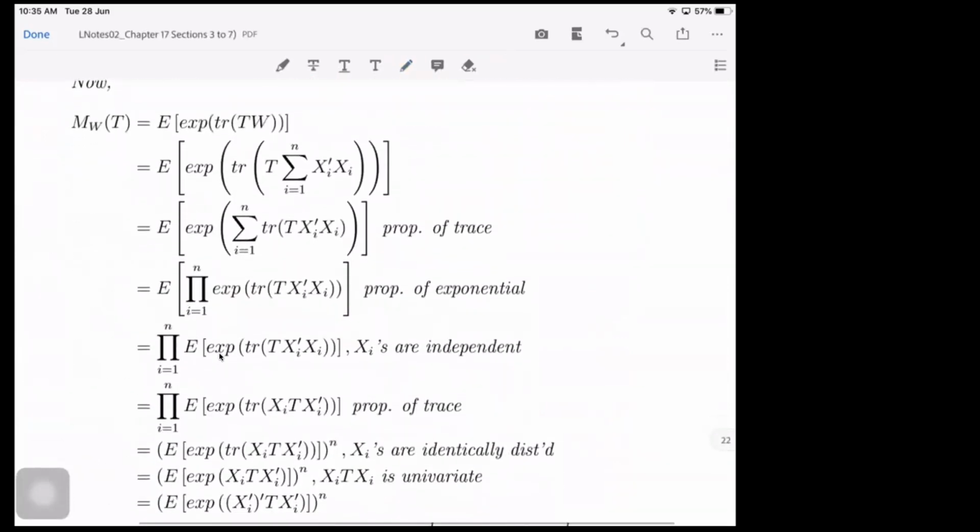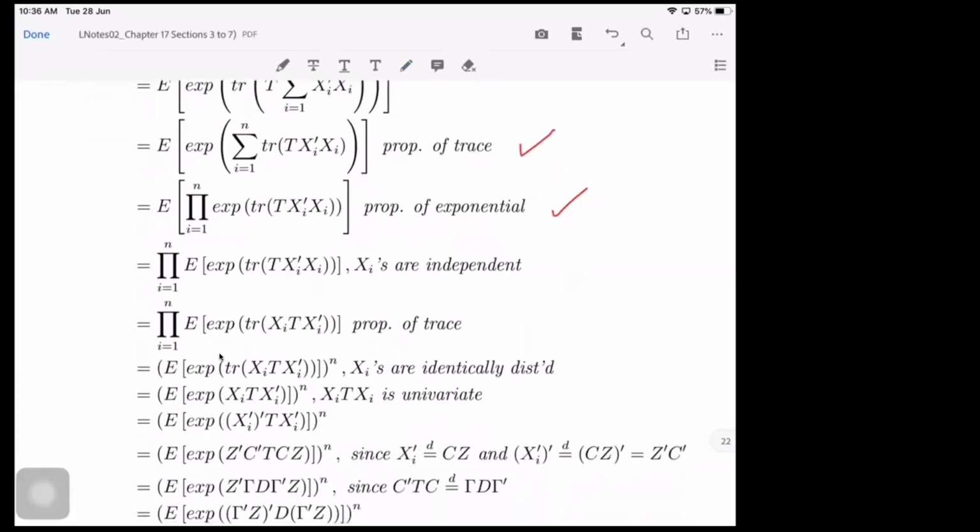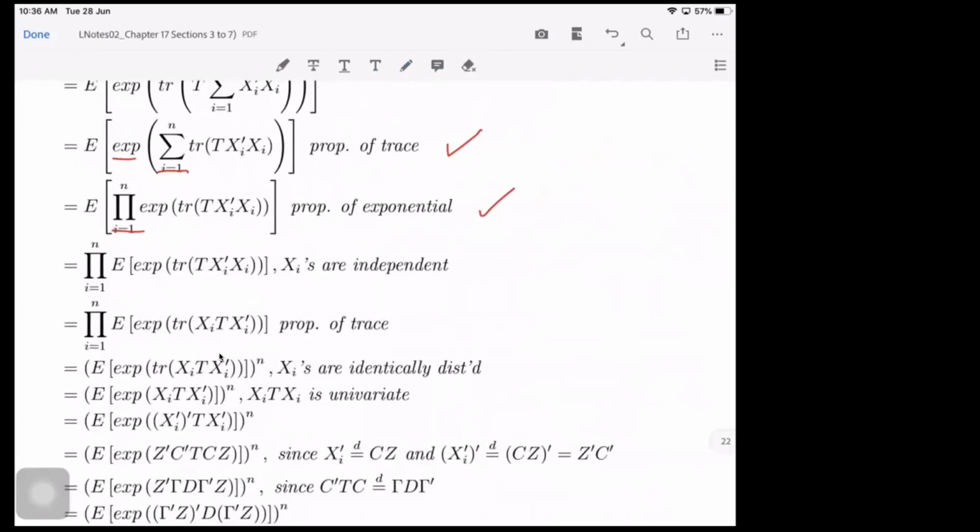And then if you follow through this definition of your moment generating function, property of a trace, property of exponential, which is the exponential of the sum is just the product, and use the assumption that they are independent.